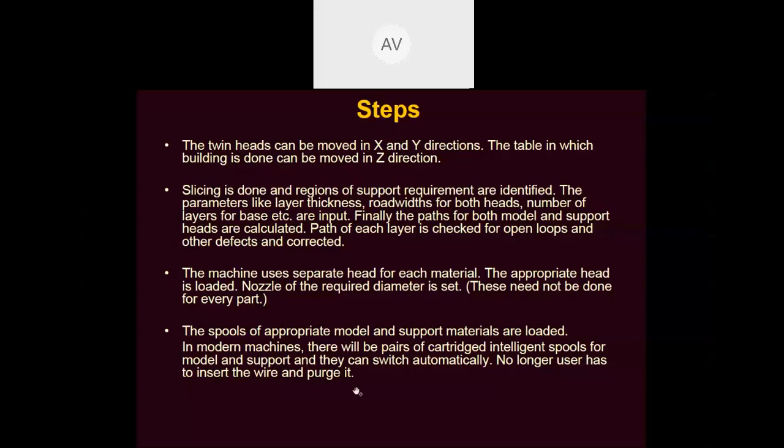In the latest machines, the layer thickness, road widths and the number of layers for the base are also decided by the software. There is an option to select automatically, or if you do it manually you can decide the layer thickness, and according to that your nozzle should be there.